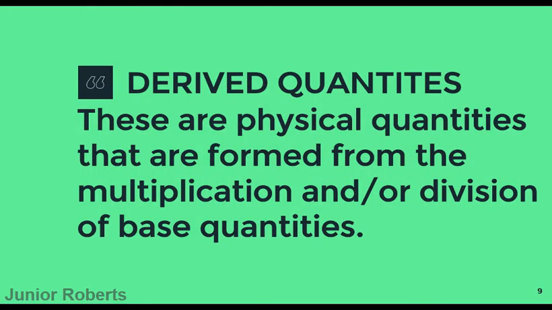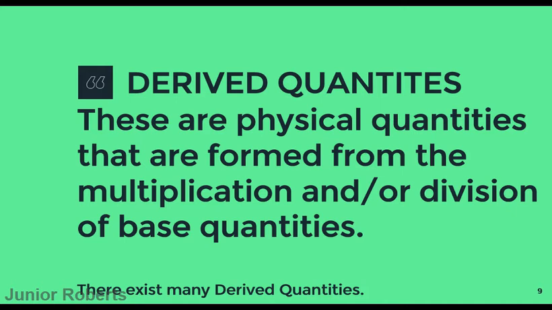Now we will quickly look at derived quantities. Derived quantities are physical quantities that are formed from the multiplication and or division of base quantities. In order for us to get a derived quantity, we have to derive it from our base quantities, and we do so by either multiplying or dividing them.